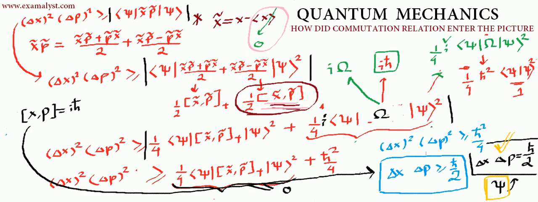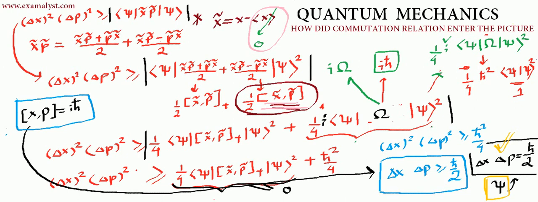So this commutator condition has the same power as the uncertainty equation. Both are the same. Agreed? So either you use the Heisenberg uncertainty relation Δx Δp greater than or equal to ħ/2, or you use the commutator. It's the same thing.